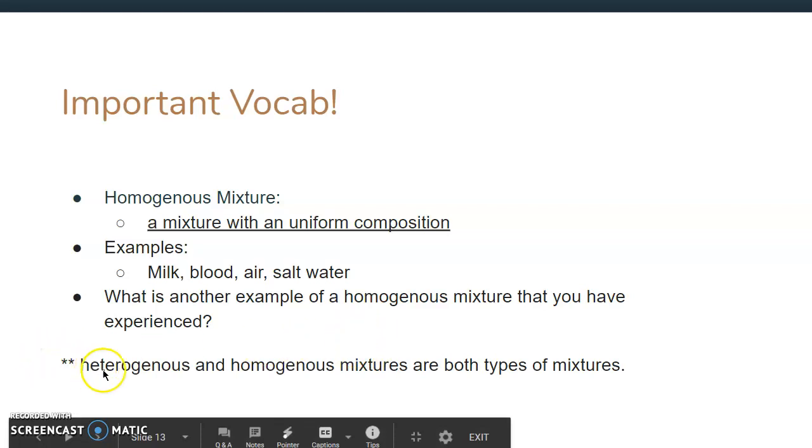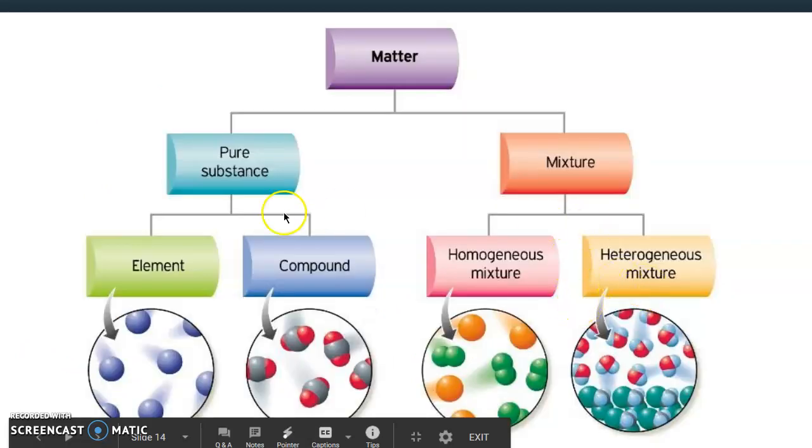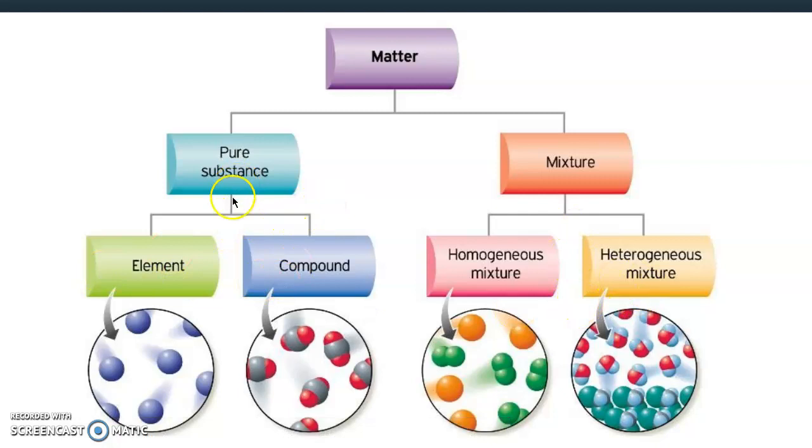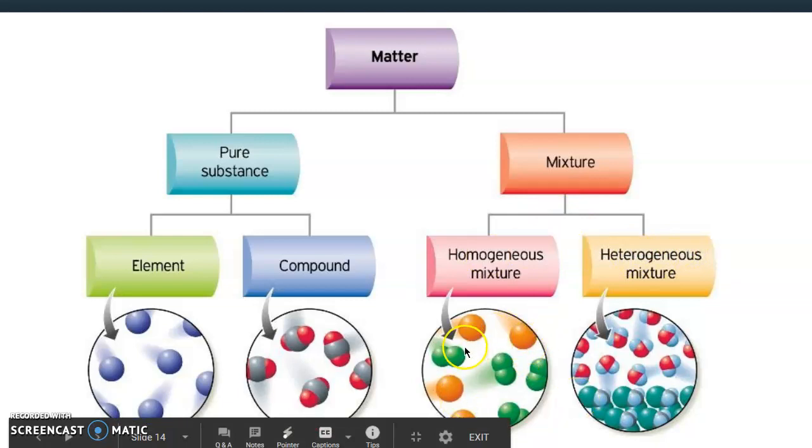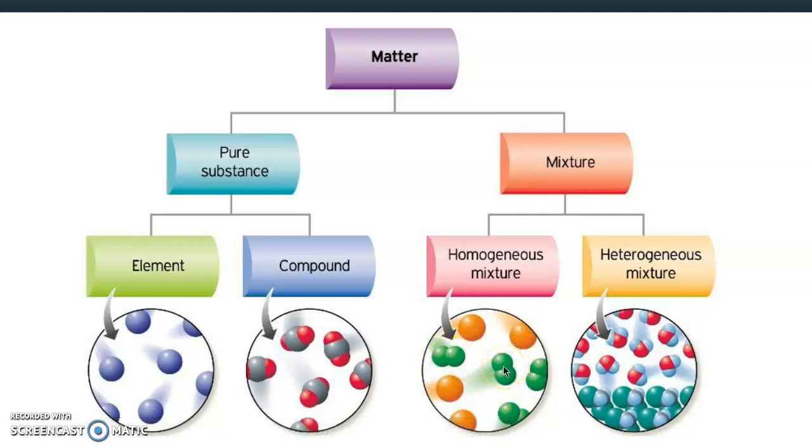Another important note, our heterogeneous and homogeneous mixtures are both types of mixtures. Just like our compounds and elements are the same, our homogeneous and heterogeneous mixtures are both mixtures. When we're going back to our homogeneous mixture, we can see in this picture that we have two big circles and then little circles that are chemically bonded.